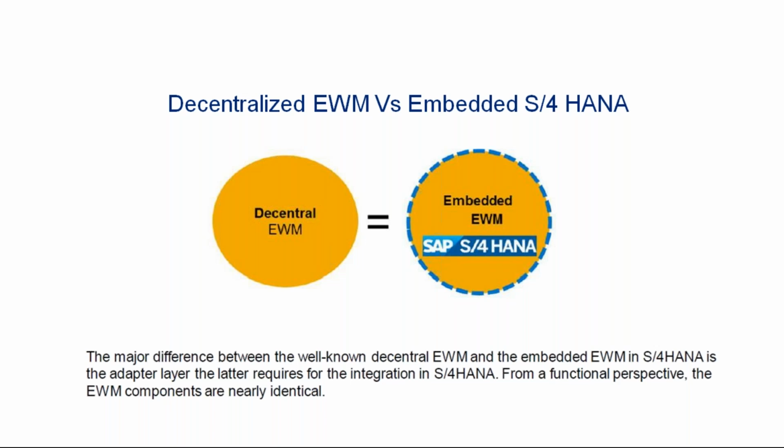Because if you use embedded EWM, it means other modules are also there along with EWM. Let's say if you start system maintenance for other modules, you have to maintain it for EWM also. So the downtime will be more for your maintenance. Whereas in case of decentralized EWM, even though your ERP system is down, EWM still works.